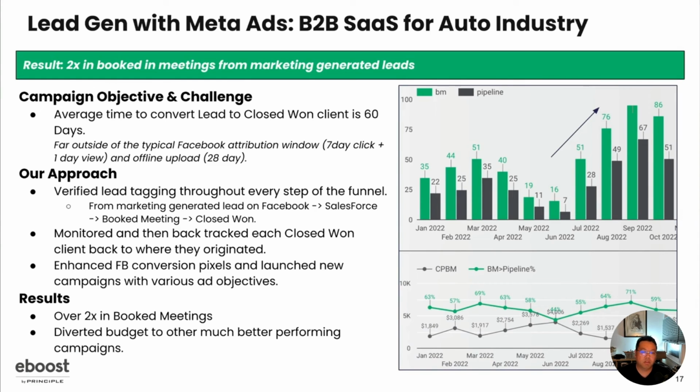conversions and the algorithm within Facebook, it becomes pretty significant information for Facebook to start performing optimally, right? And of course, using the enhanced Facebook conversion pixel is one aspect of it too, so that Facebook has good data to optimize against.